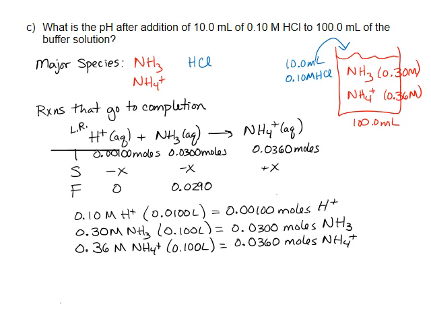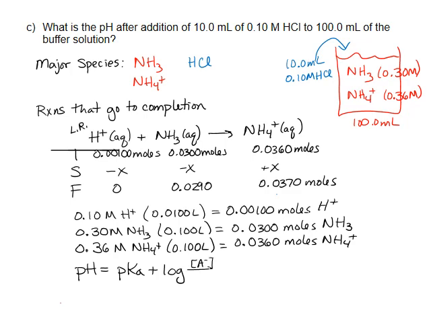Leaving us 0.029 moles of ammonia and creating 0.037 moles of the ammonium ion. Now that we've neutralized all of the added acid, we're left with a solution containing ammonia and ammonium. This, of course, is a buffer, so we can use the Henderson-Hasselbalch equation to find the pH of the buffer.